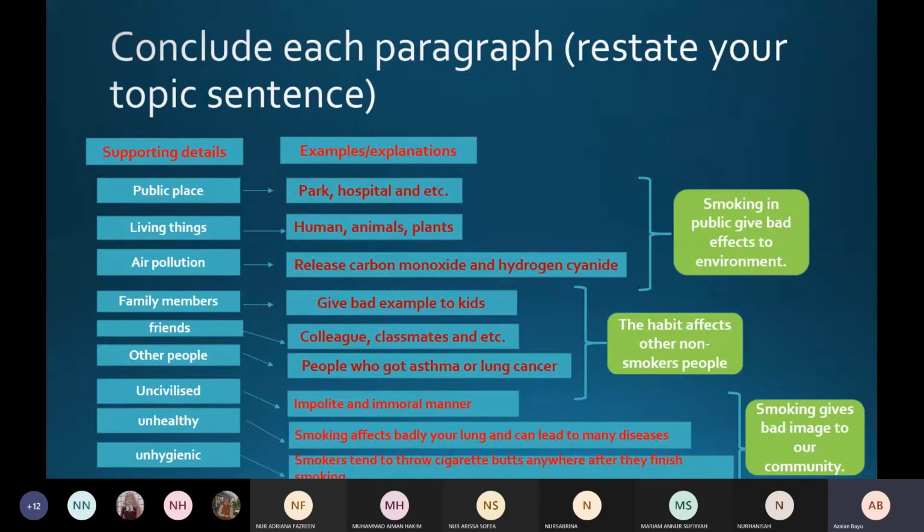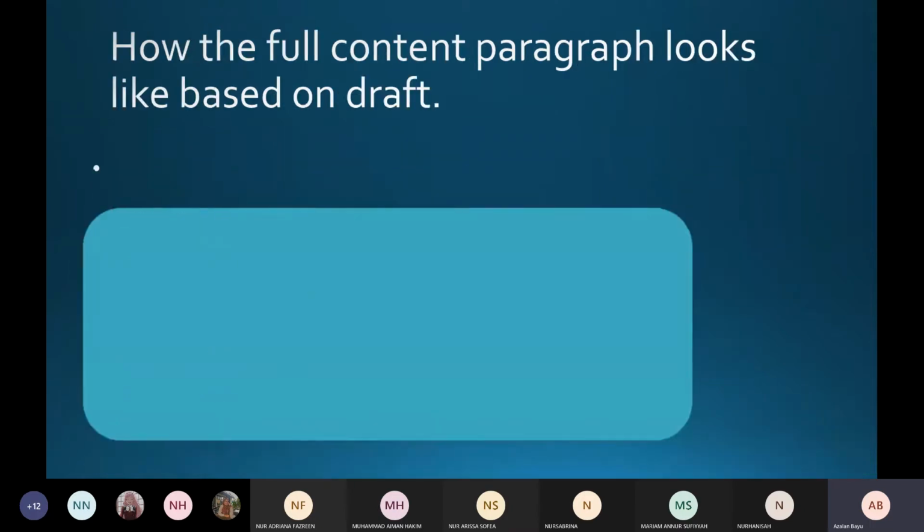So you can actually just take from topic sentence and put as the last sentence, to summarize or to conclude that particular paragraph. Ini kita panggil concluding sentence. Dia lain dengan conclusion. Conclusion tu last sekali. Ni concluding sentence mean ayat yang last setiap paragraph, setiap content paragraph tu you kena ada.